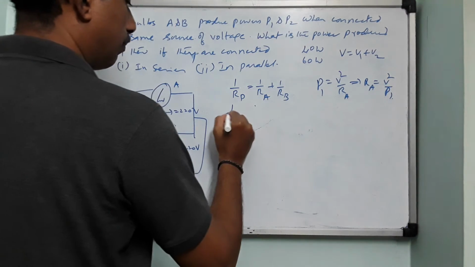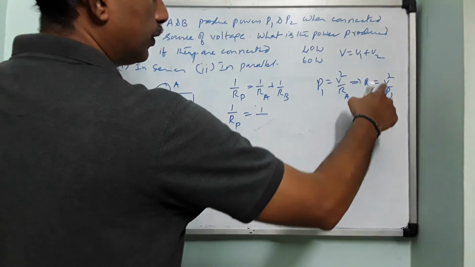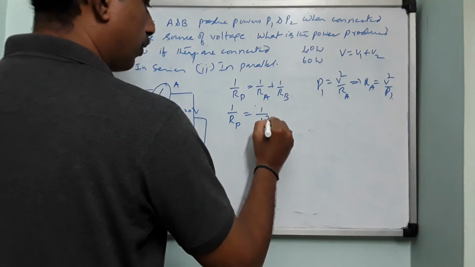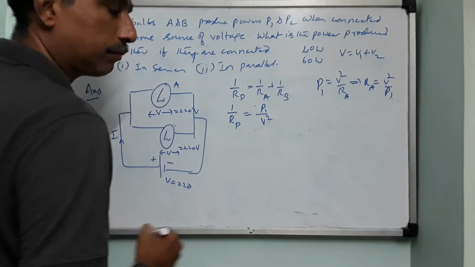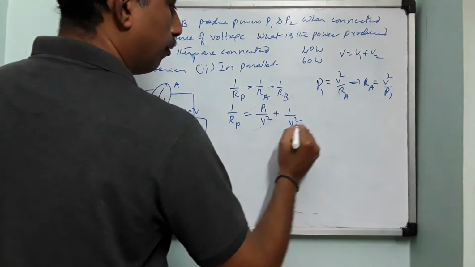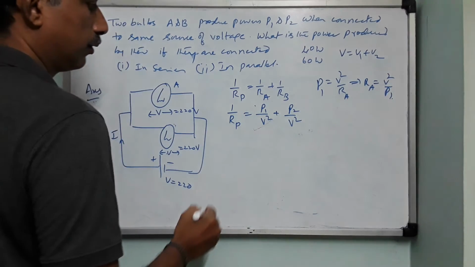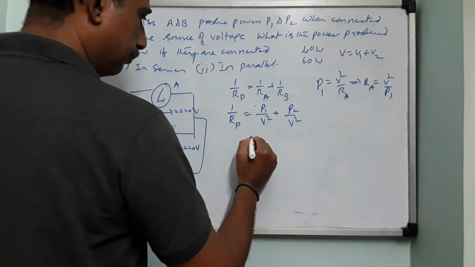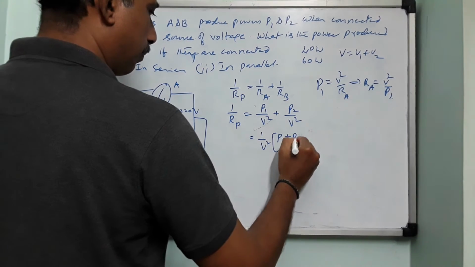Now 1 by Rp equals 1 by Ra, which is P1 by V square, plus P2 by V square. So therefore, this is 1 by V square into P1 plus P2.